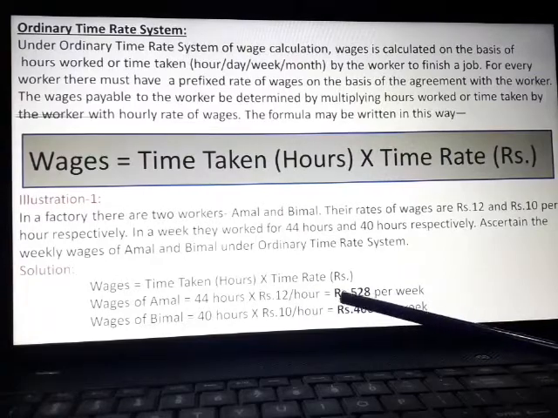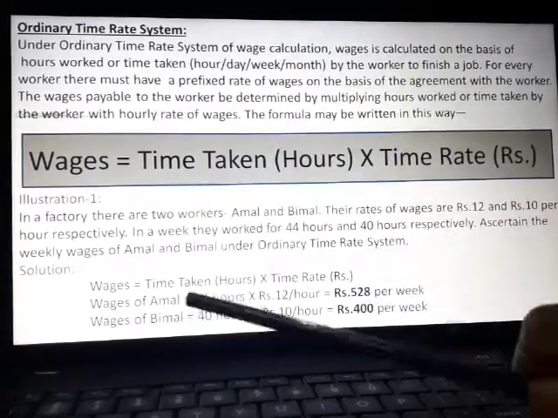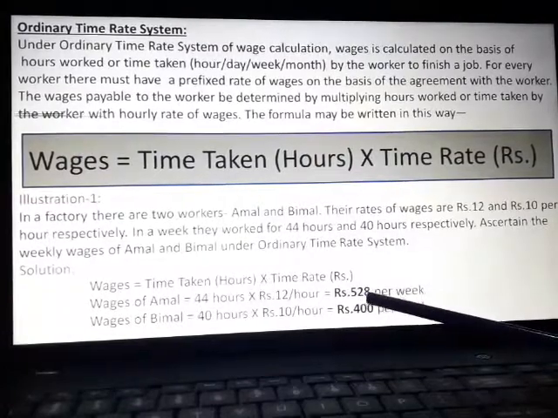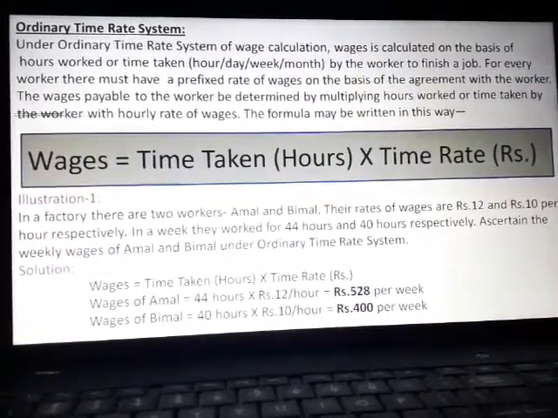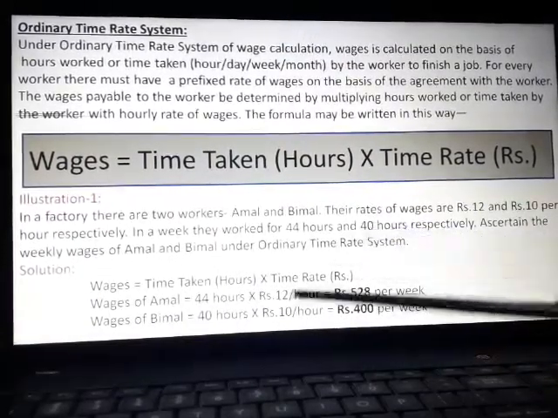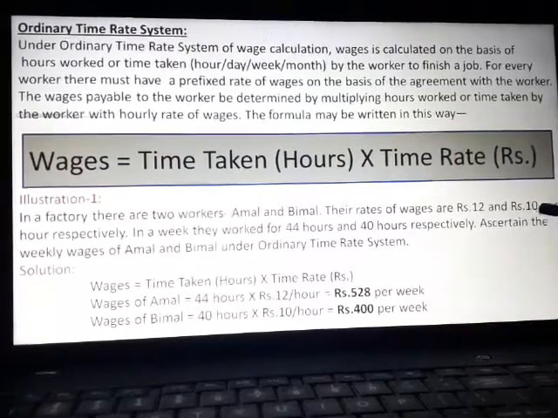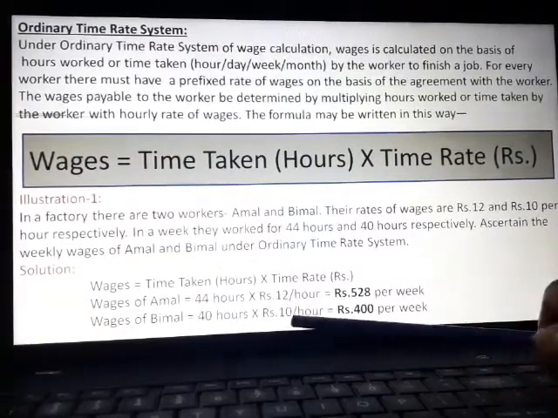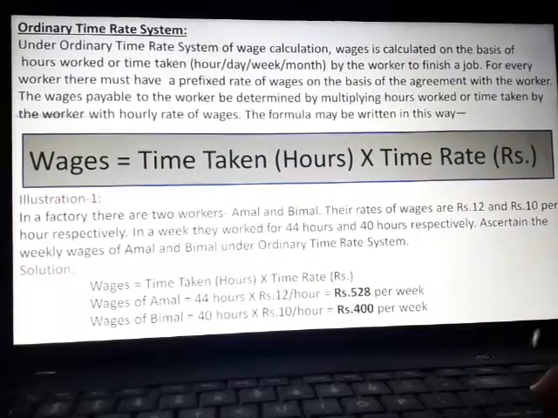After multiplying, it is rupees 528 per week. So, Amol will get 528 rupees per week. Now, Bimal has taken 40 hours to complete the job and his rate of wages is rupees 10 per hour. So, 40 into rupees 10 equal to rupees 400 per week. So, this is very simple.